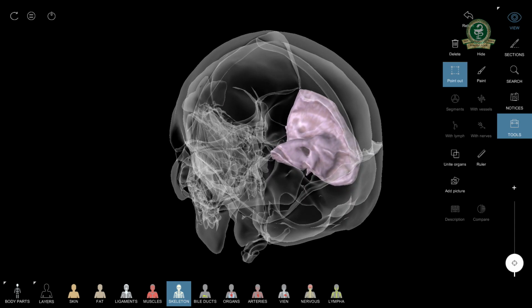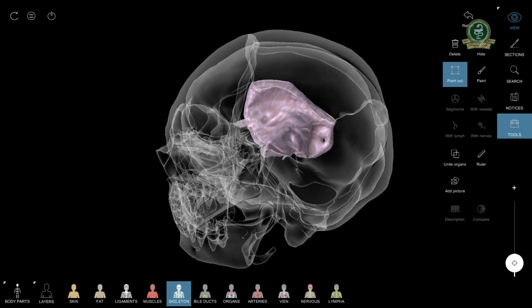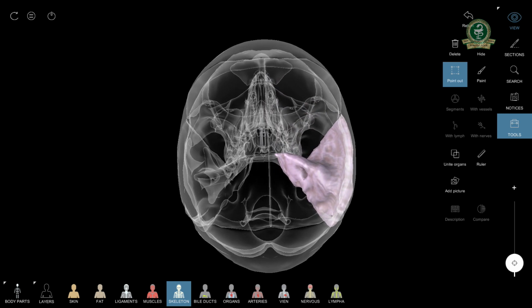From the posterior part of the base of the cranium, the foramen magnum is in the inferior part of the bone. The foramen magnum, through which the medulla oblongata connects with the spinal cord, and the vertebral and spinal arteries also pass through this foramen. And here we can identify the temporal bone.